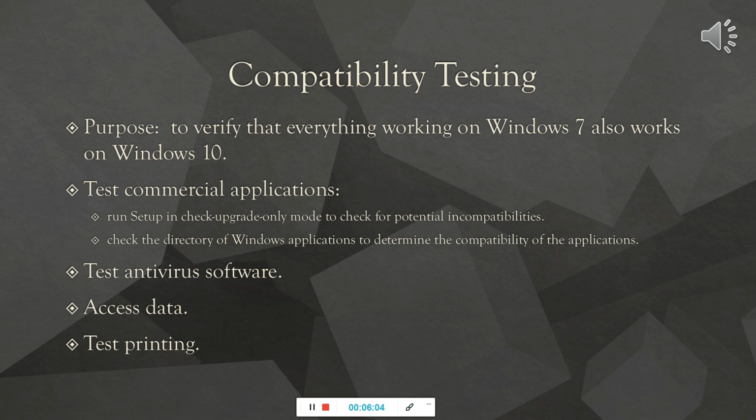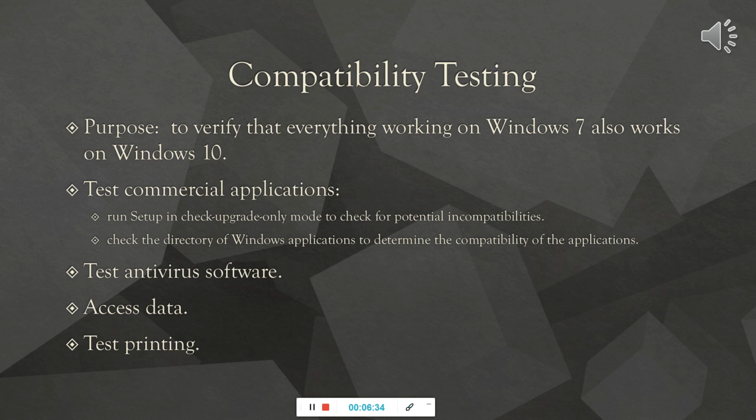The next step was to check the directory of Windows applications to determine the compatibility of the applications I used. I also tested the antivirus software. In general, many of these applications needed to be upgraded because of their use of file system filters.